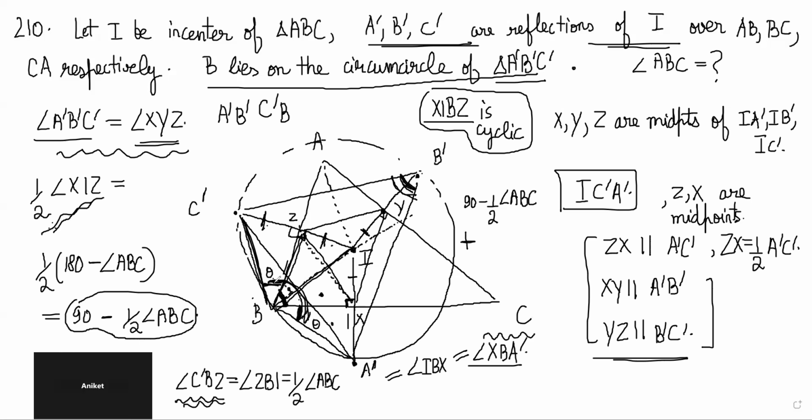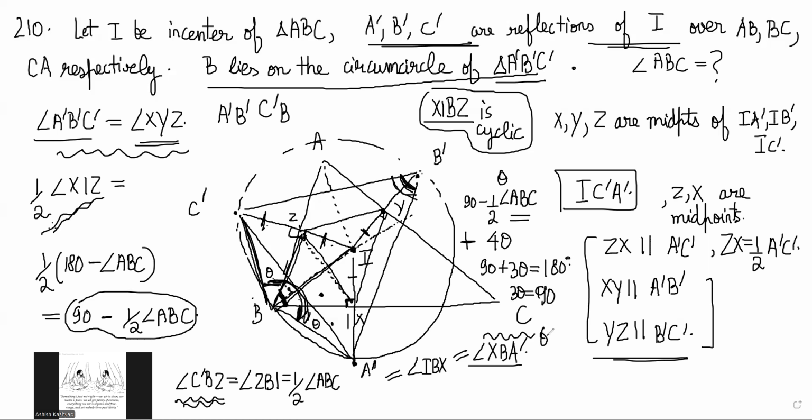And this ABC was 2 theta. So 90 minus theta plus 4 theta gives 90 plus 3 theta is equal to 180. So we are getting 3 theta is 90, so theta is 30. And from there we get angle ABC is 2 theta, which is 60.